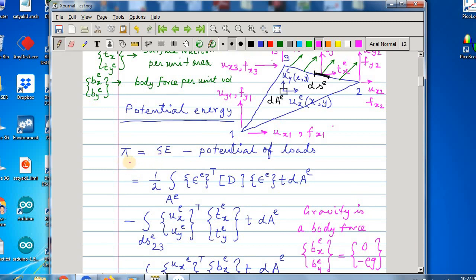Now the potential energy expression pi is strain energy minus potential of loads.